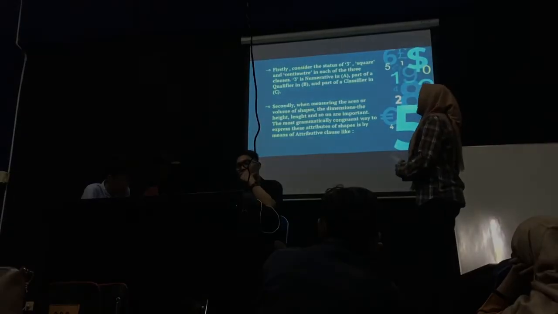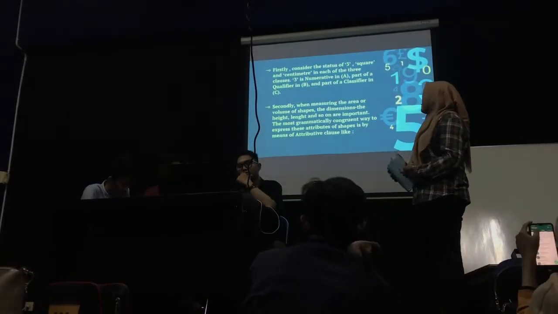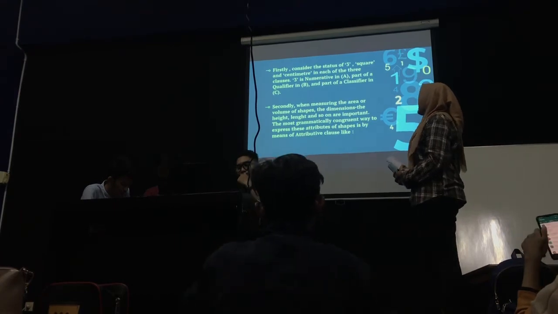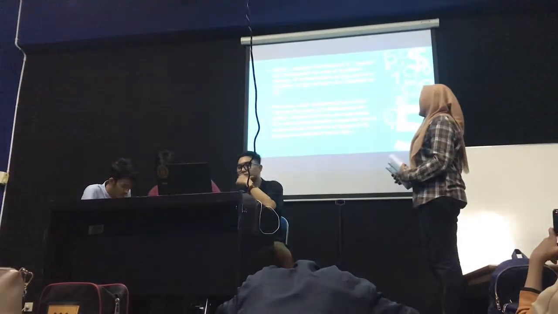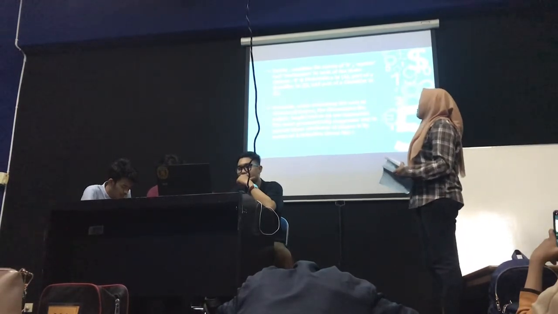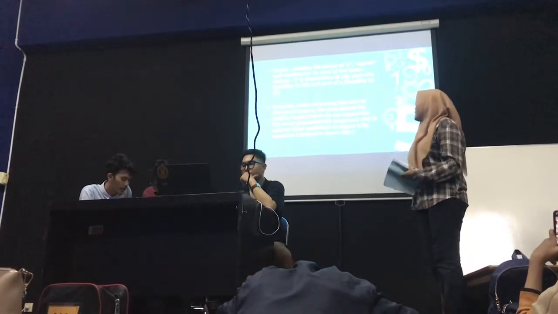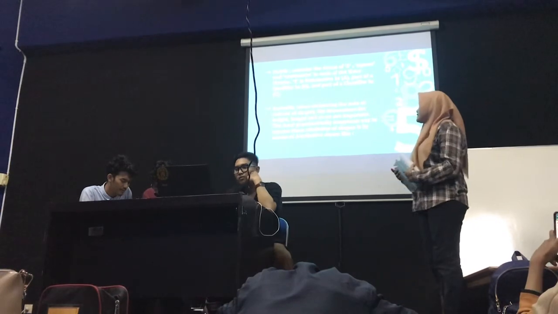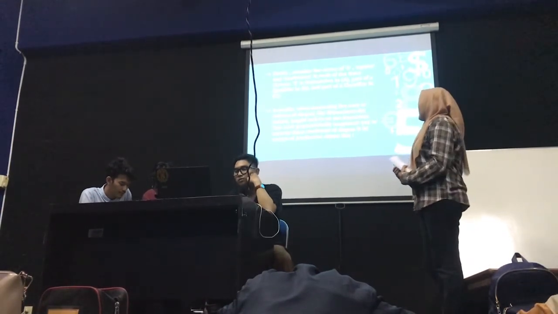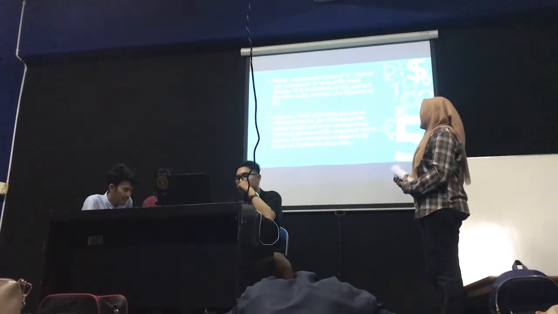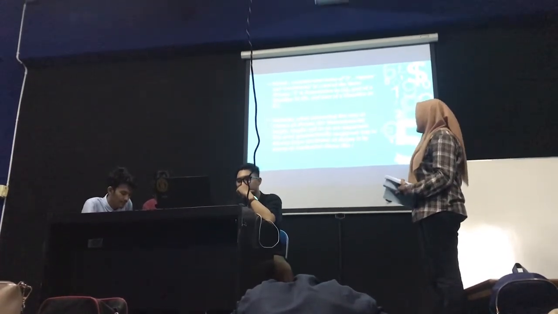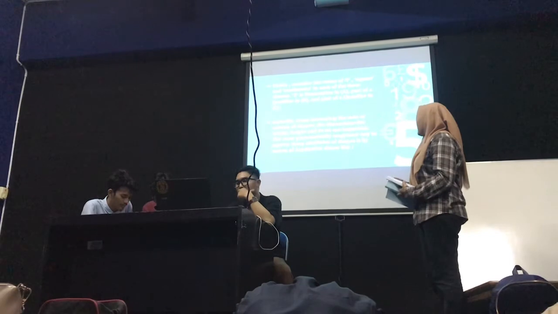So firstly, consider the status of 3 square centimeters in each of the 3 clauses. 3 is numerative in A, part of a qualifier in B, and part of a classifier in C. Secondly, when measuring the area or volume of shapes, the dimensions, the height, length, and so on are important.